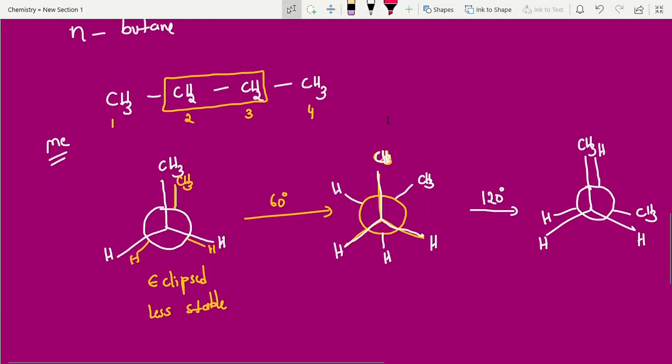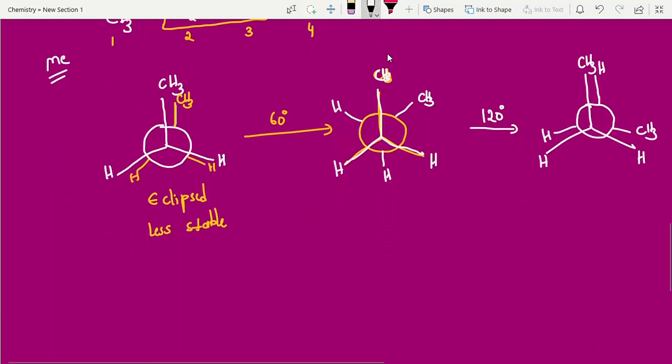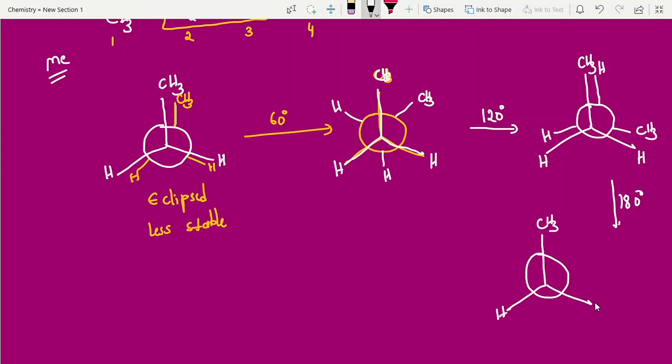Next again 60 degrees. Again 60 degrees. What you will get, students? Again 60 degrees. Totally you will get here 180 degrees, right? Now again front carbon fixed. Will not disturb anything. CH3, H, right? Back carbon now rotating here up to here.